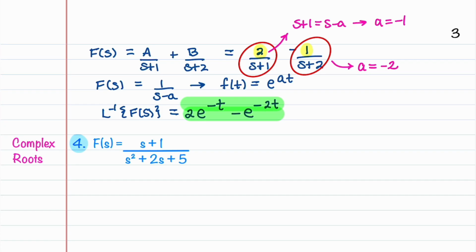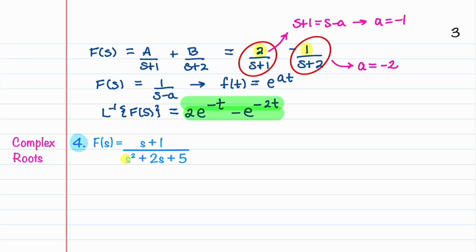We're going to find the inverse Laplace transform of s plus 1 divided by s squared plus 2s plus 5. Just like in example 3, we have a quadratic in the denominator. Let's see if we can factor this one. It doesn't look like we can factor it, but let's make sure and calculate the discriminant.